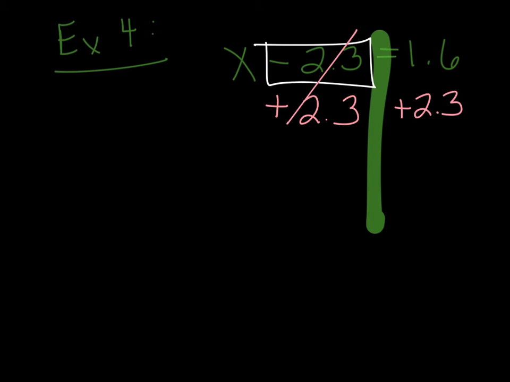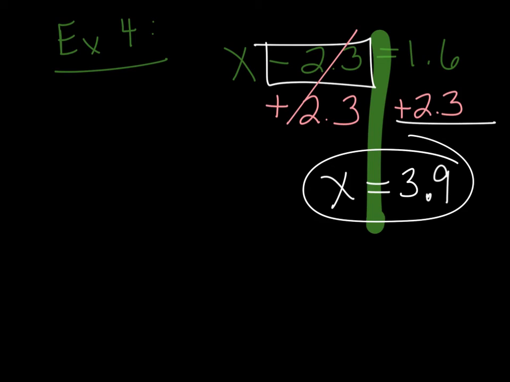That cancels out. x drops down, boom, and then do the addition. 6 plus 3 goes straight down, 9. Drop the decimal down, and then 2 plus 1, 3. Remember, you can always check it by plugging it back in here and getting this answer. Good job!